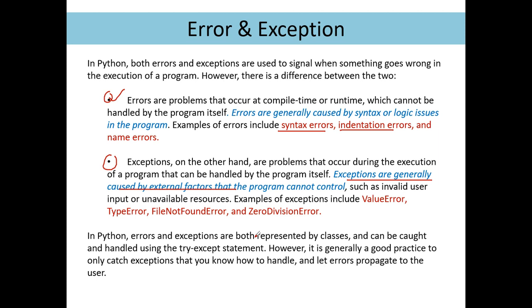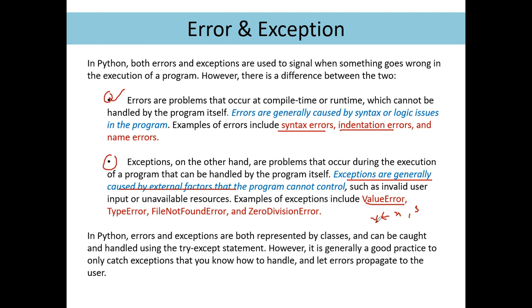So exception is something that is caused by some external entities, mostly from the user or some operations done by other factors. Like value error: suppose you have a variable which is going to take some integer value or number, but you are giving a string.